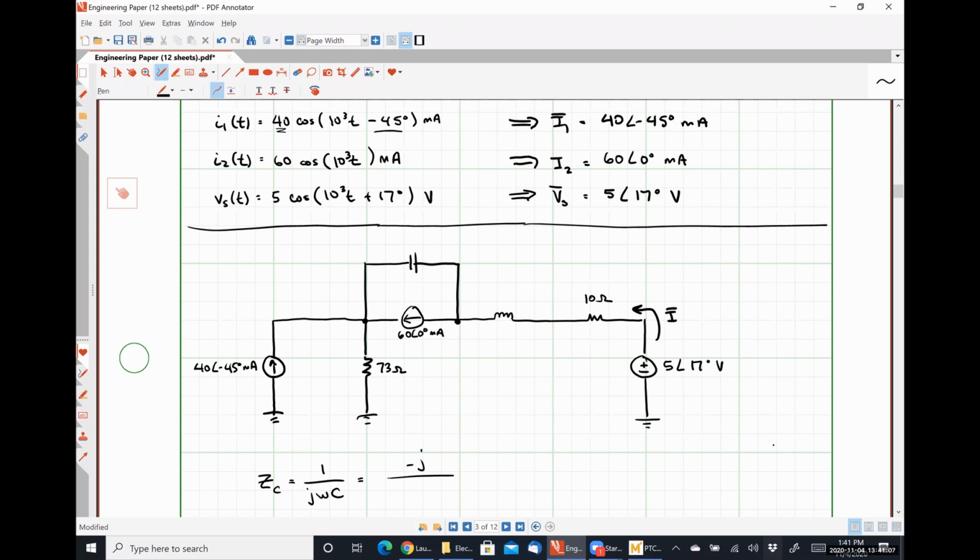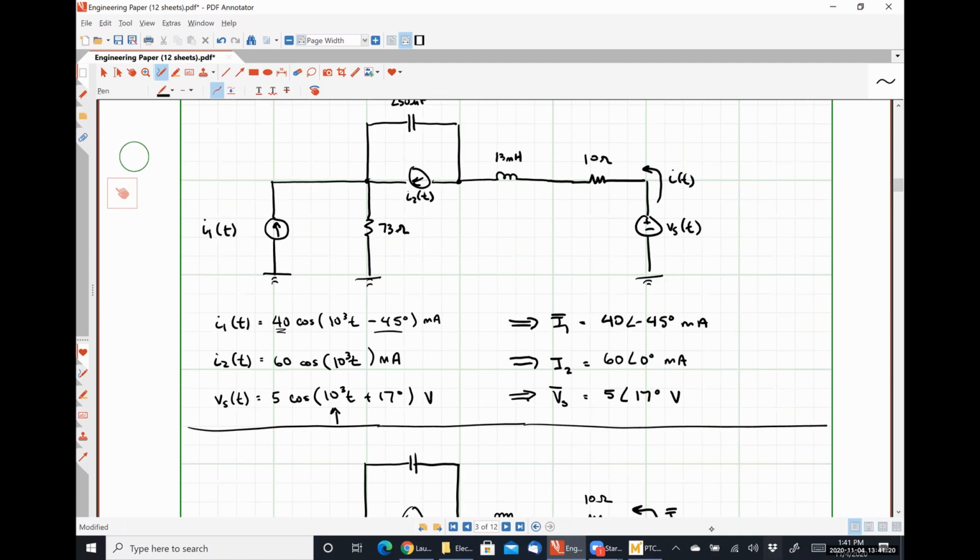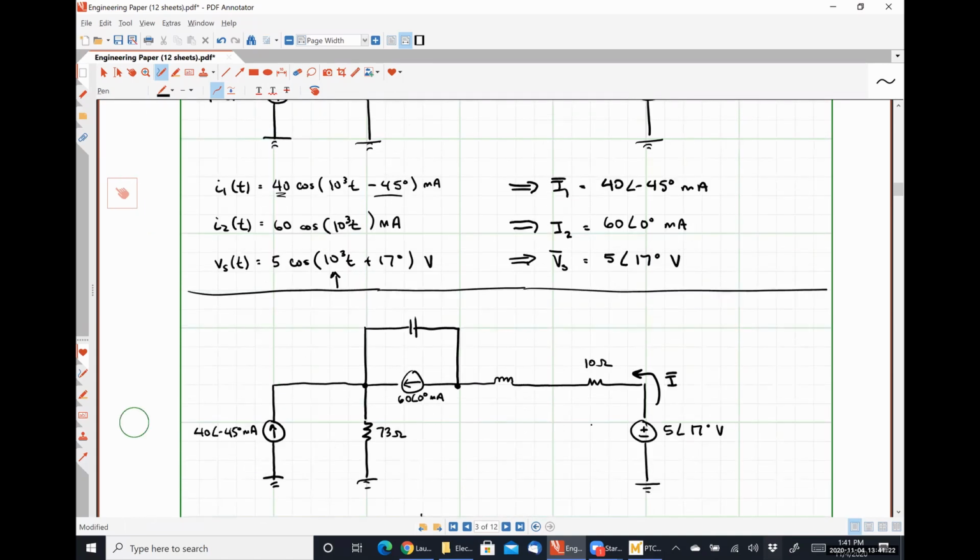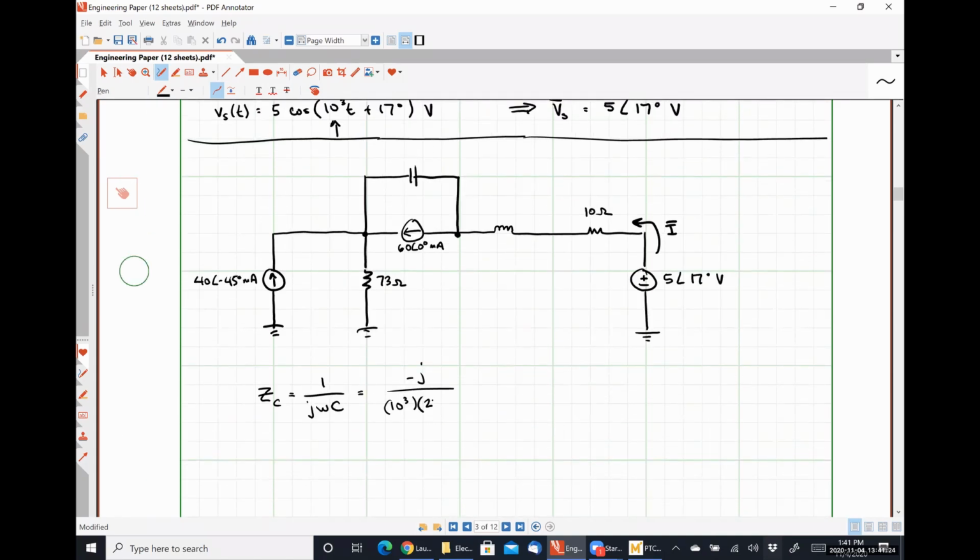So omega is the bit that gets multiplied by t in our sinusoidal function. So in this case, that would be 10 to the 3. C was 250 times 10 to the minus 6. And I can't do that in my head.